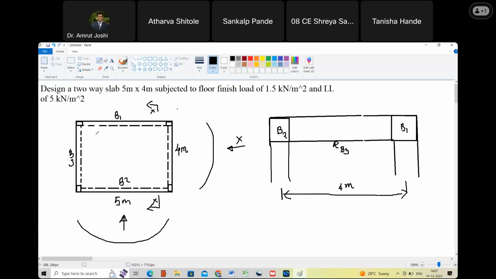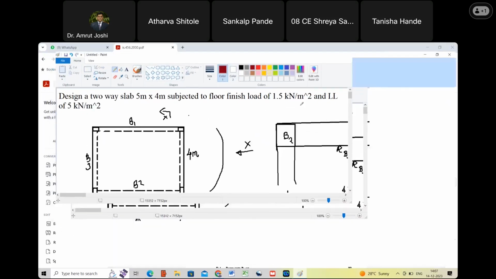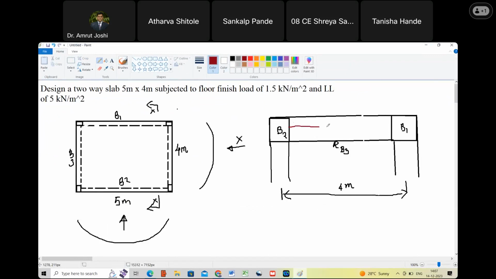Yes, sir. So you will see the bottom edge of this beam B3 and this slab also will get cut. Let us say slab has some thickness which will be naturally less than the beam's thickness. So that slab will be seen something like this. Are you with me? Yes, sir. This is the slab that you will see, and as the slab portion is cut, that's why I am shading it.